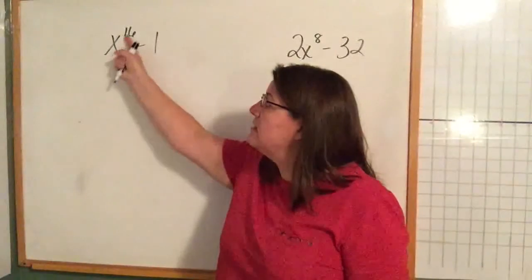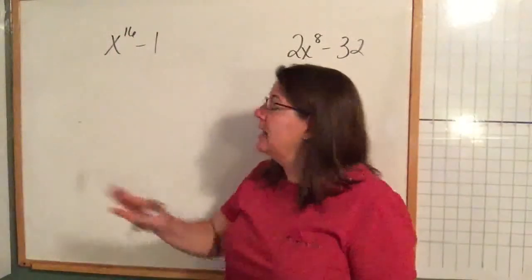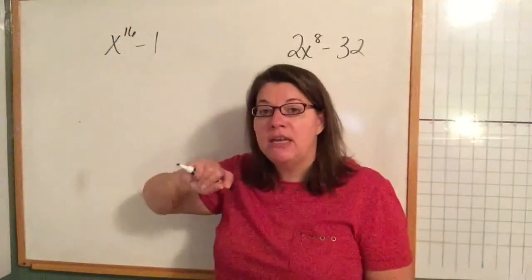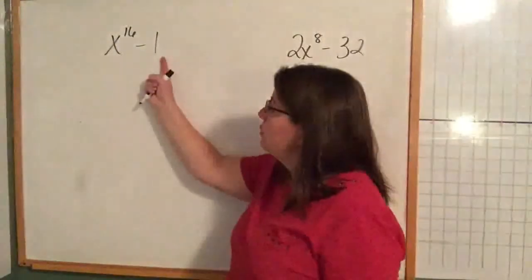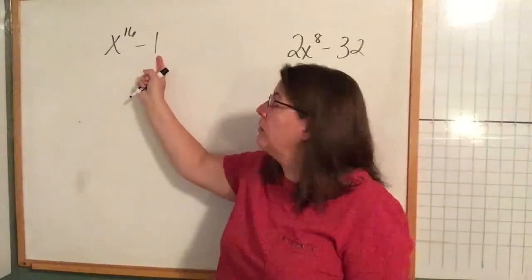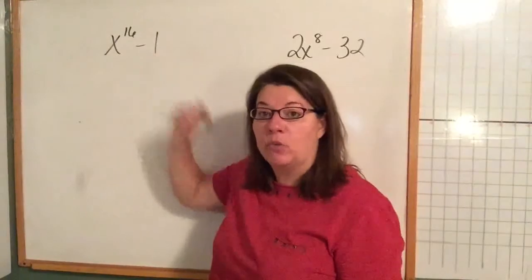So this is a square number. We're used to just seeing x squared, but as long as the exponent of that variable is even, it is a square variable, okay? This 1 still works the same way as any of the other whole numbers. 1 times 1 is 1, so it is a square number.